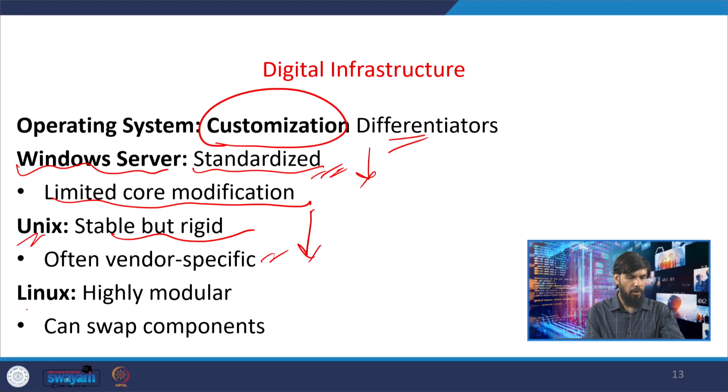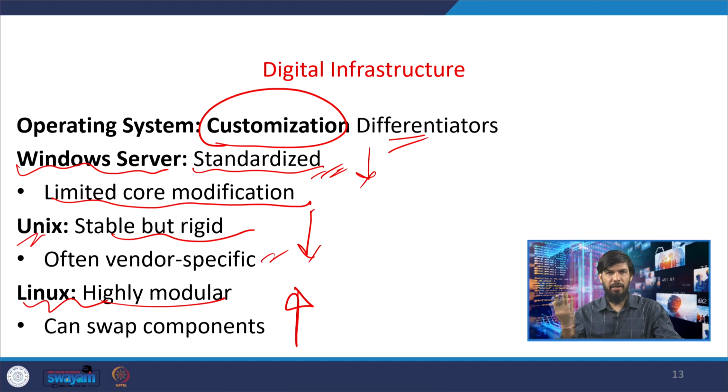But if we come to Linux, this is highly modular. So customization is very high. That is why from low spec hardware to high end servers, Linux fits in everywhere, right. It's highly modular, you can swap components and all that.